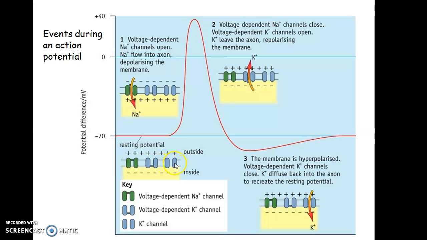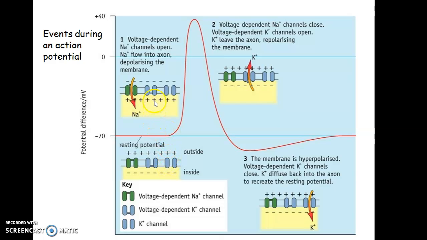At the resting stage, when there is no stimulus, this potassium channel opens and potassium ions move outside, making the outside more electropositive as compared to the inside. The neuron is said to be polarized in this condition.